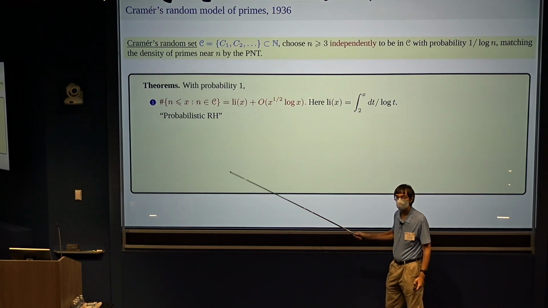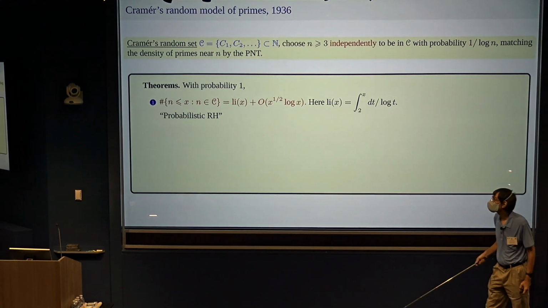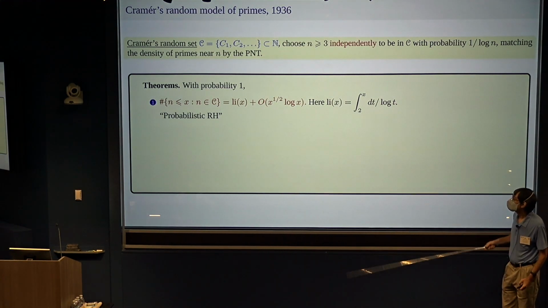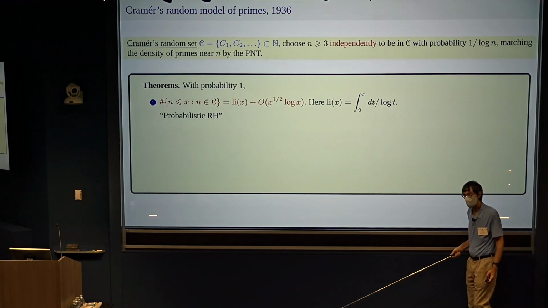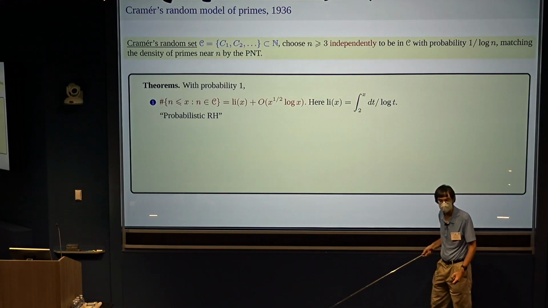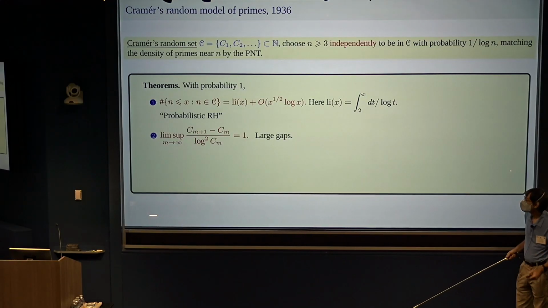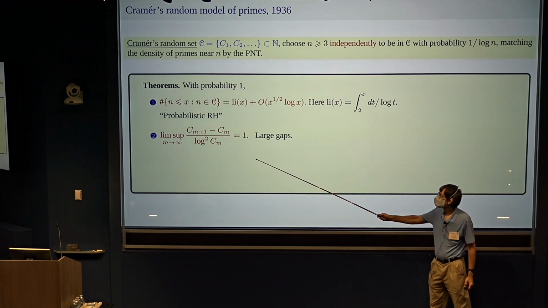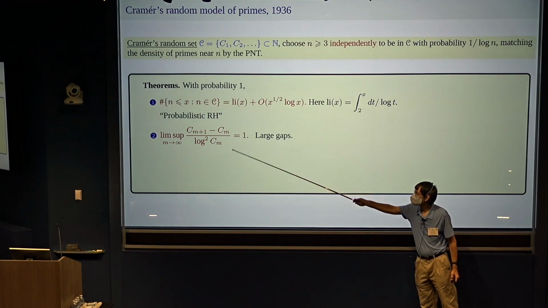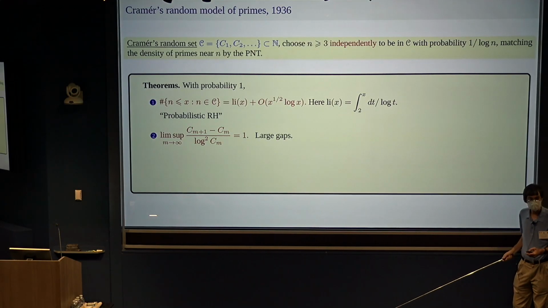And all these facts I'm going to be mentioning happen with probability 1. Okay, so with probability 1, this happens. And we know, or we hope, that the primes have this same property. It's equivalent to the Riemann hypothesis, so that's looking good. So in terms of large gaps, Cramer showed that the lim sup of this difference is equal to 1.